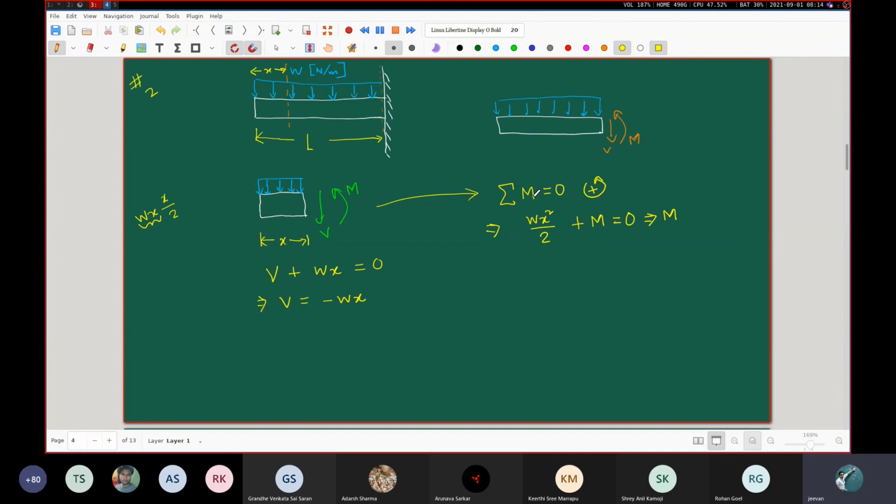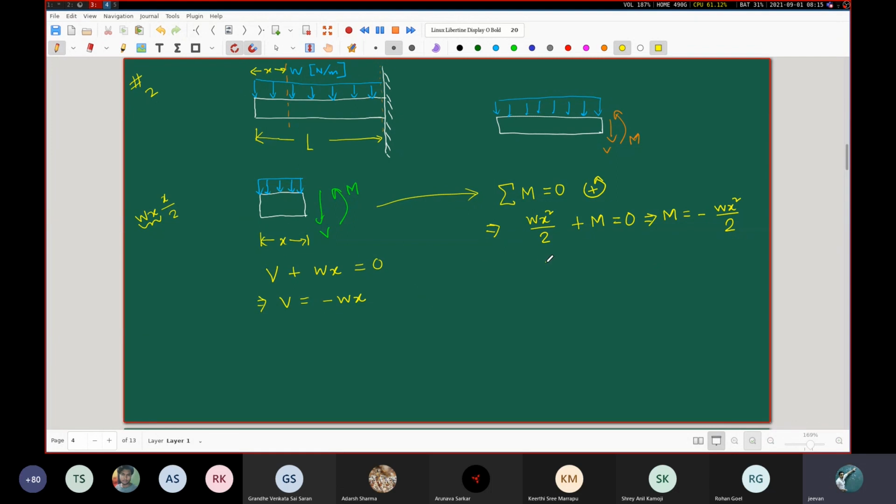So this is something like sigma Mz, where Mz represents the balance of moment about an axis which is parallel to the z-axis, and the z-axis is coming out of the plane of the screen. So this M is coming out to be minus Wx square by 2.